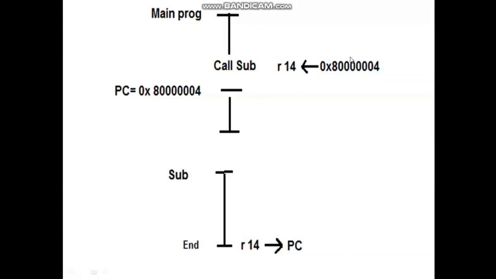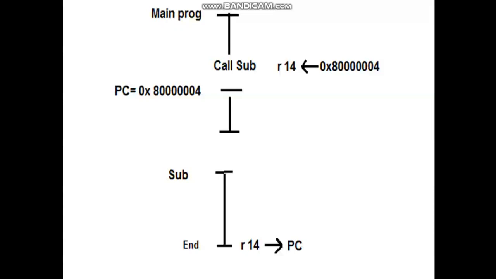That takes a considerable amount of time, which depends upon the speed of the memory. So this is avoided here because of the availability of the register R14, the link register. Simply the content of the program counter is copied into R14 and the execution is transferred to the subroutine. So this saves a considerable amount of time.